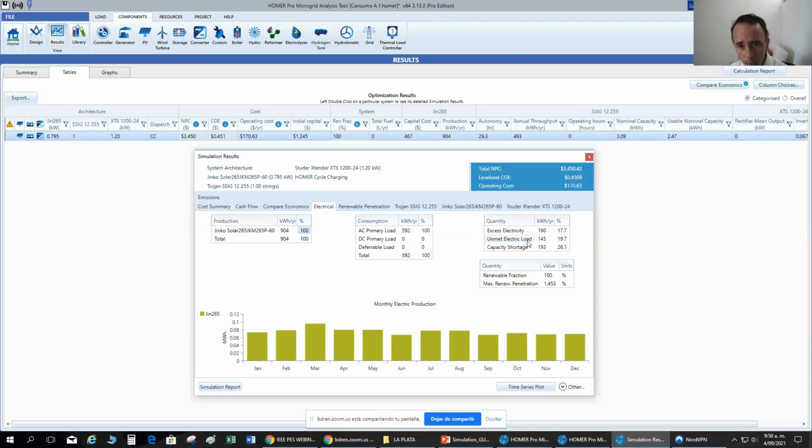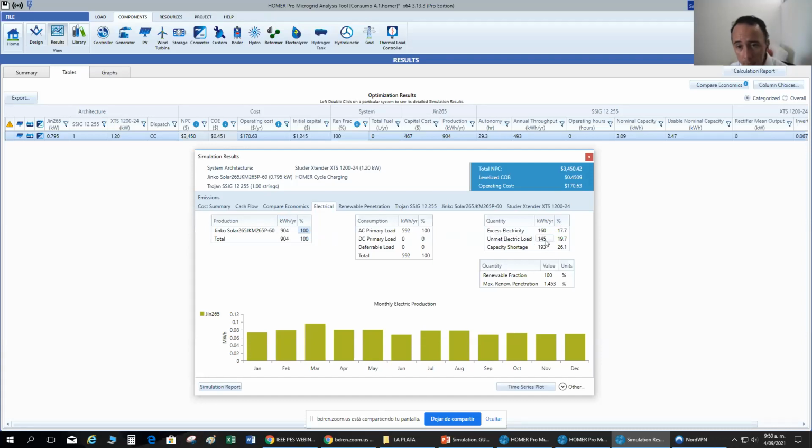Unmet electric load. What is it? The system creates 904 kilowatt hours per year. Okay. There is an excess of 160, that is 17.7% of this.